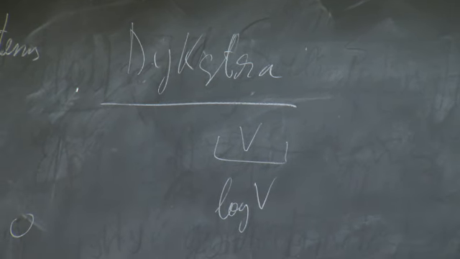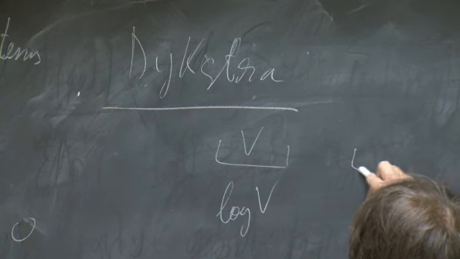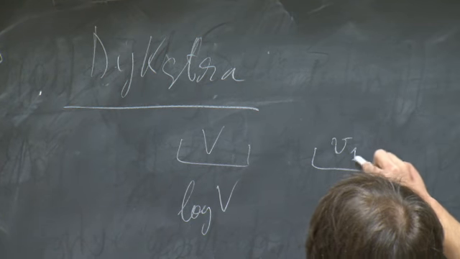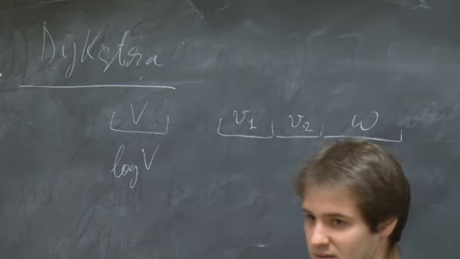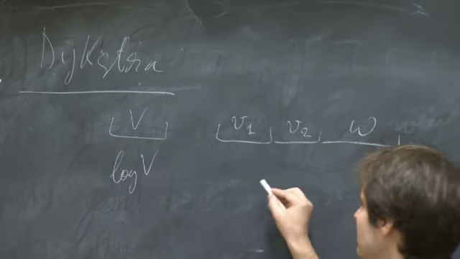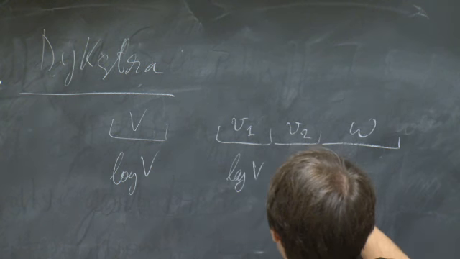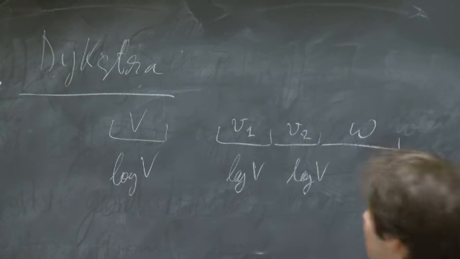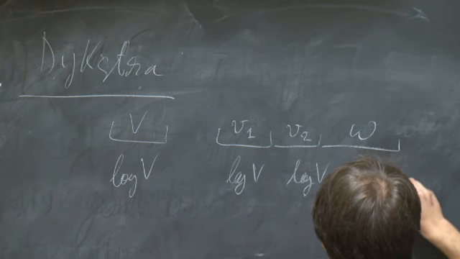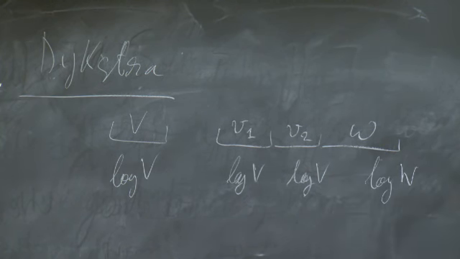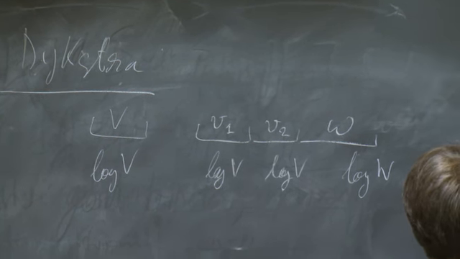And then for each edge, we have 3 numbers: first vertex, second vertex, and the weight. What are the sizes of these numbers? Log V, and the last one? OK, and what's W? Maximum weight. Yep.